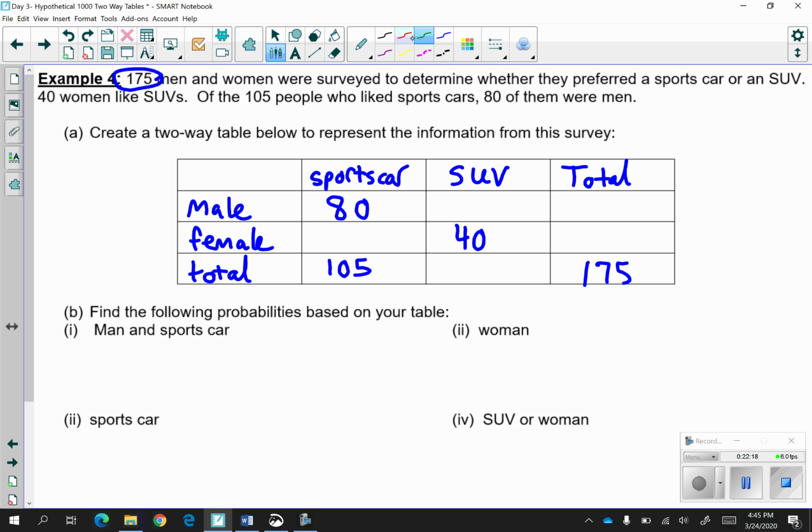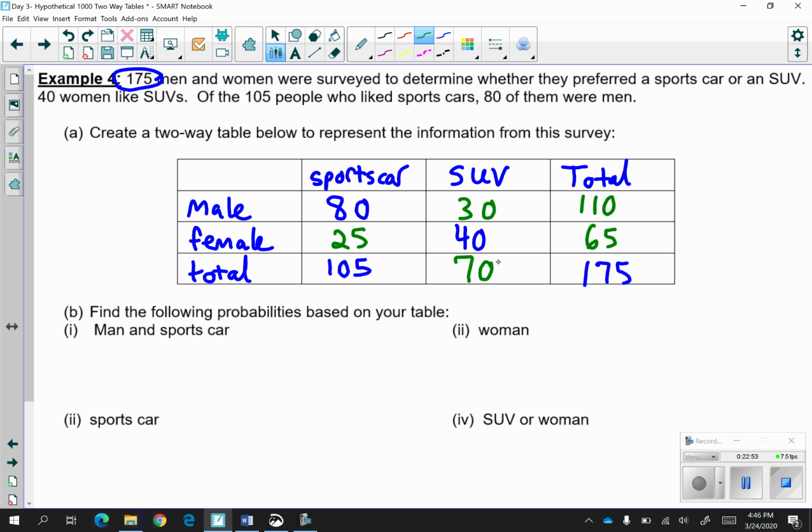So if there are 80 plus what has to be 105, that's going to be 25. 25 plus 40 gives me a total of 65, which means this has to be 110. 80 plus what is 110? That's going to be 30. And you have that 30 plus 40 is 70. If you add left to right and up and down, everything checks out.